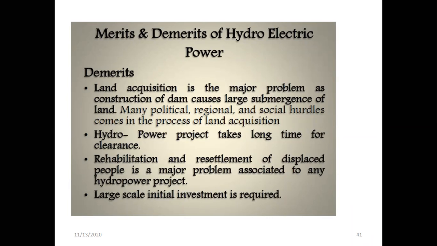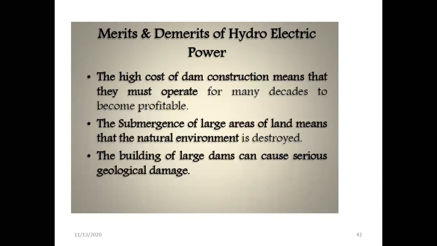In the case of Uganda, we need to borrow huge loans from overseas, like from China, to develop our hydropower plants. So it requires a very huge investment, and that's a disadvantage. The high initial cost means that you need to operate it for very many years to get profitability out of it.